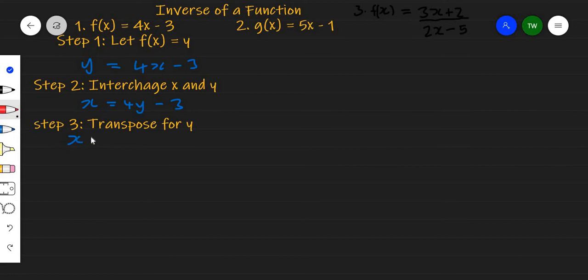I'm going to add 3 to this side, which is plus 3. I'm going to write back what I have here, which is equal to 4y minus 3. Because I add 3 to this side, I also have to add 3 to this side as well.